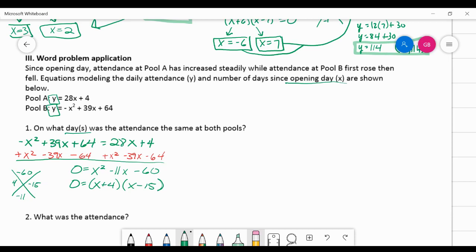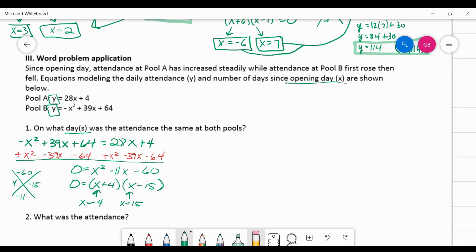So my x values are negative 4 and 15. So on what days was the attendance the same at both pools? So at day negative 4 and at day 15.